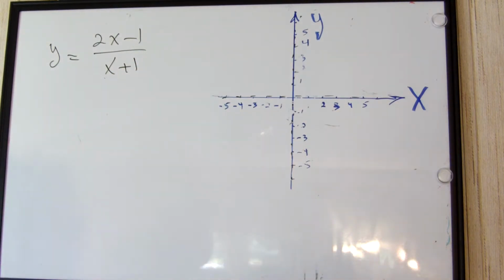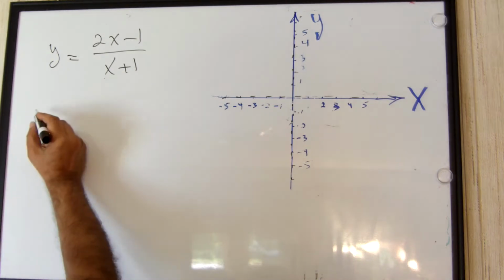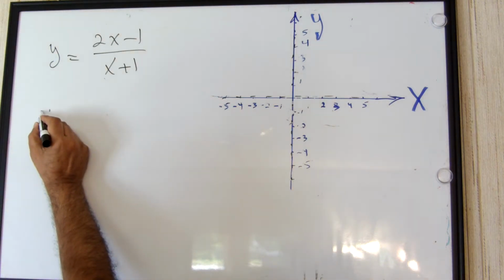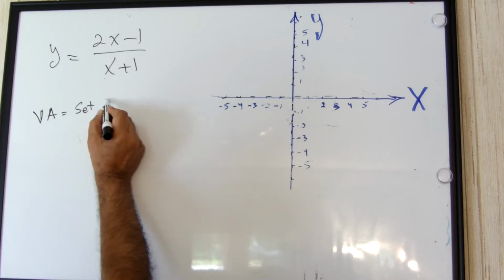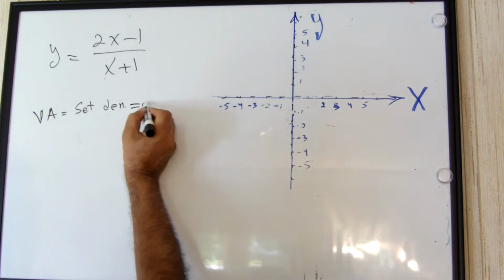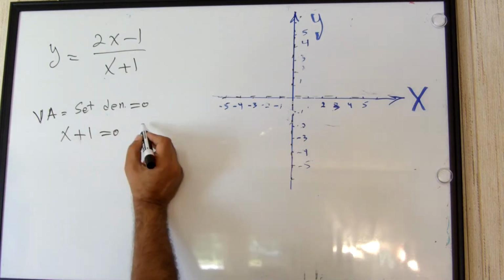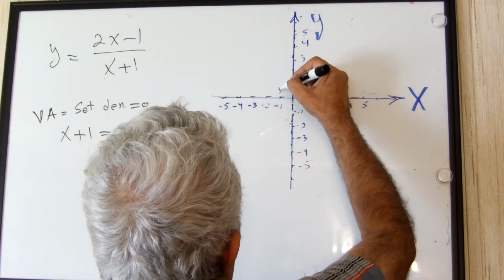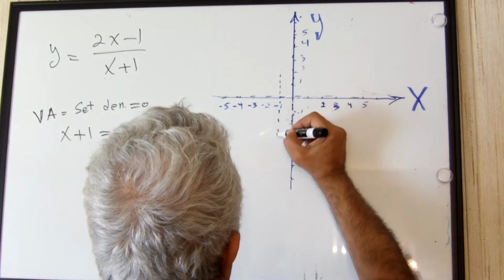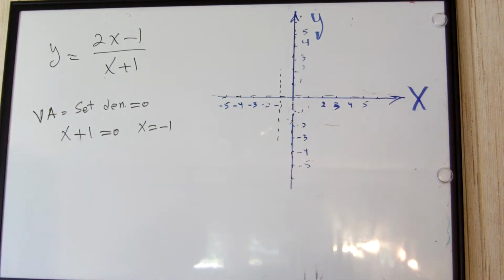In this function, if you want to find the vertical asymptote, set the denominator equal to 0, meaning x plus 1 is equal to 0. So x is going to be minus 1. What does that mean?